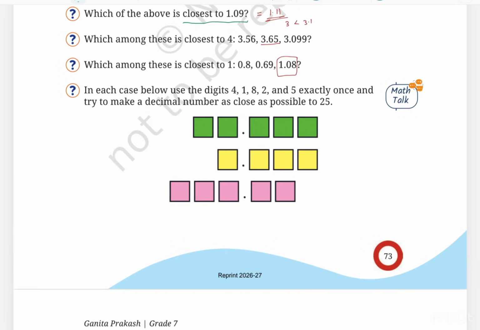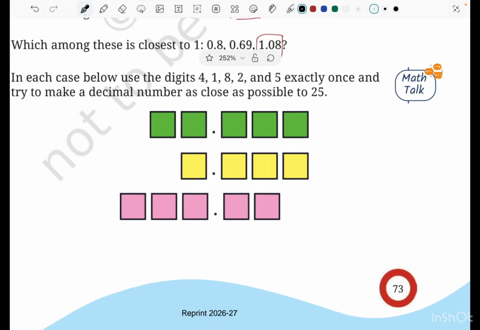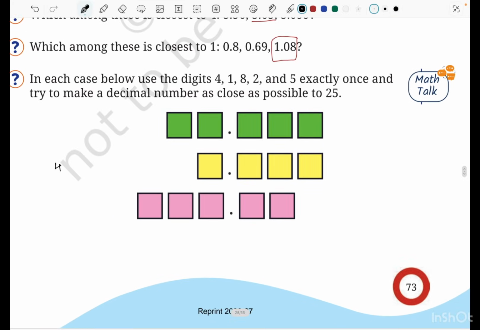Next we have the problem. In each case below, use the digits 4, 1, 8, 2 and 5 exactly once and try to make a decimal number as close as possible to 25. So we have the numbers 4, 1, 8, 2 and 5.